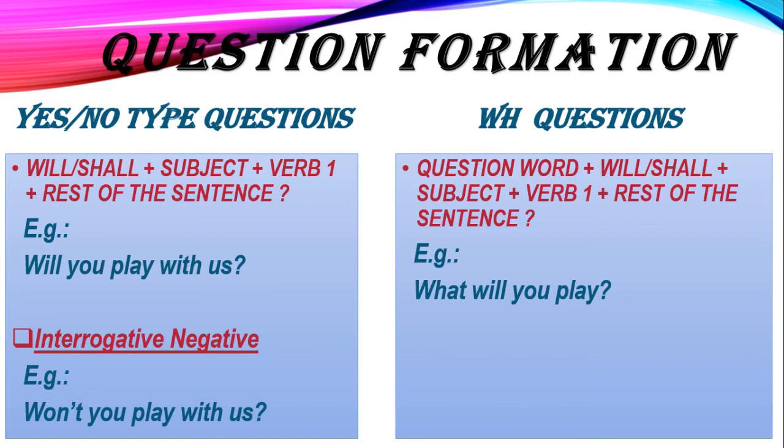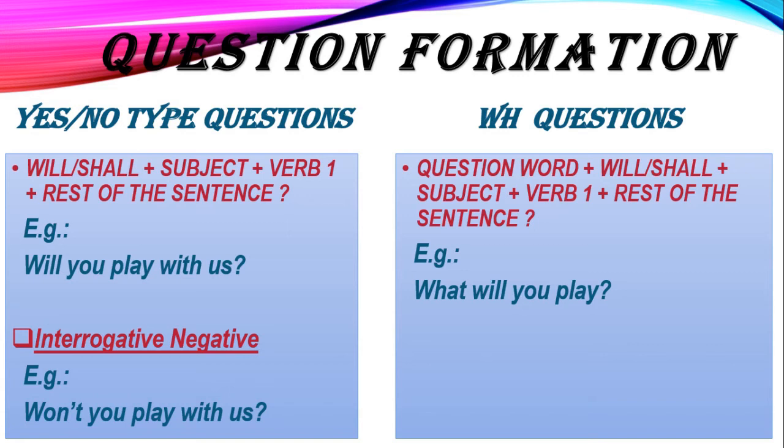To make the same question negative, you have to add a negative word immediately after will or shall. So, won't you play with us? It's an interrogative negative in simple future tense for yes or no type questions.